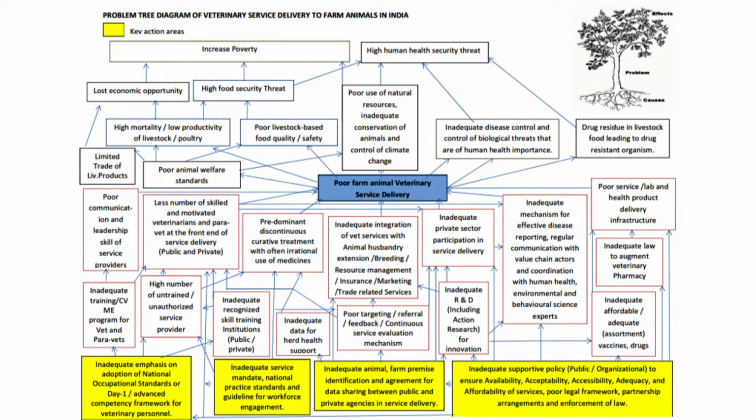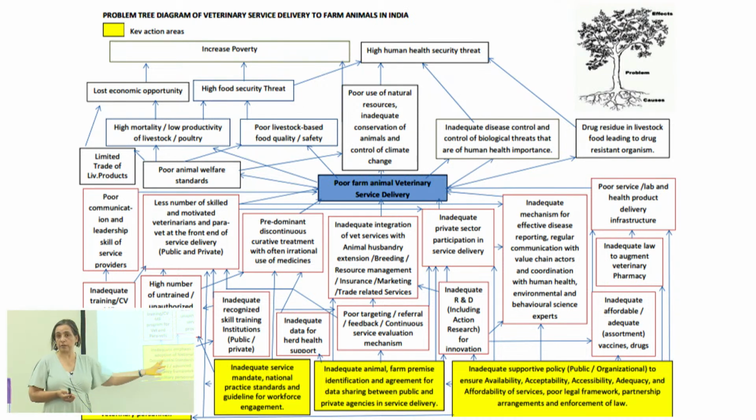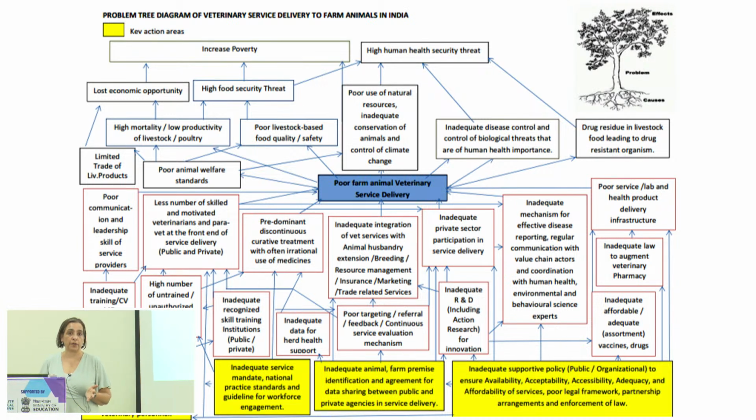Whereas when we move to a conceptual framework, you are going to convert these issues or variables, and this will look quite different. This will say something like adherence to national occupational standards. So you're going to rephrase your problems as neutral variables that you can go out and measure, okay?